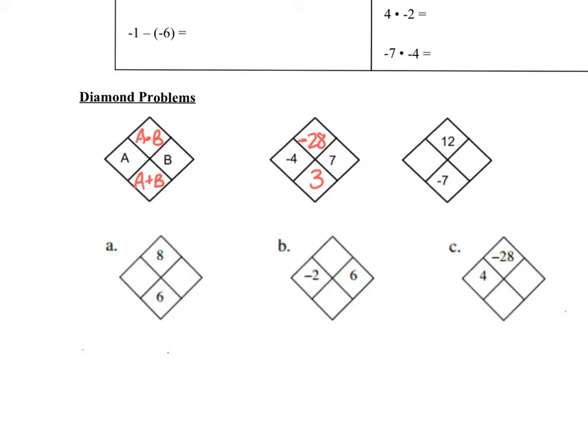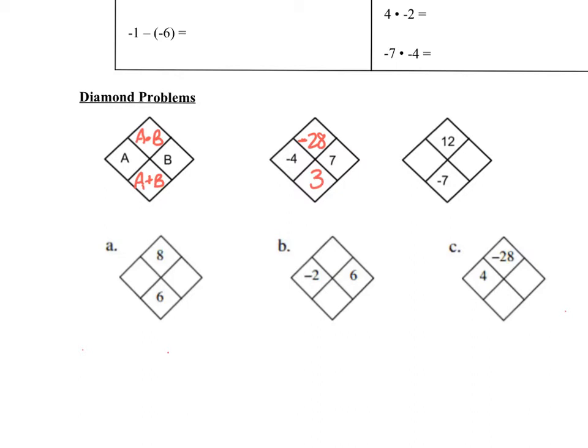Now, the diamond on the far right, this one's a little trickier because you have the product of two numbers on top and you have the sum of the two numbers on the bottom. But you have to determine which numbers I would put on the left and right so that their product is 12 and their sum is -7.